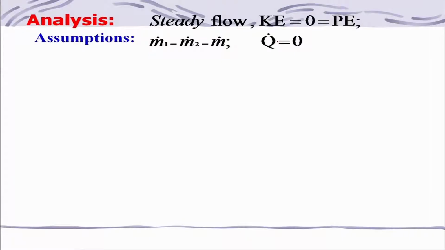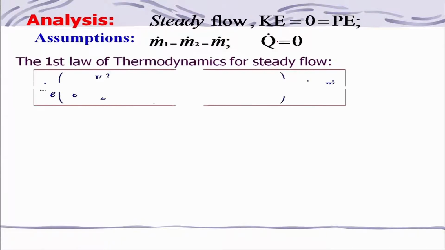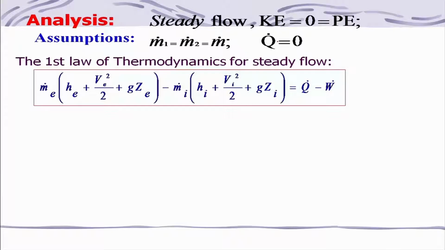We are just making an assumption, and it is an adiabatic system, no heat is going out. So, the first law of thermodynamics for a steady flow process, we have already seen this expression.